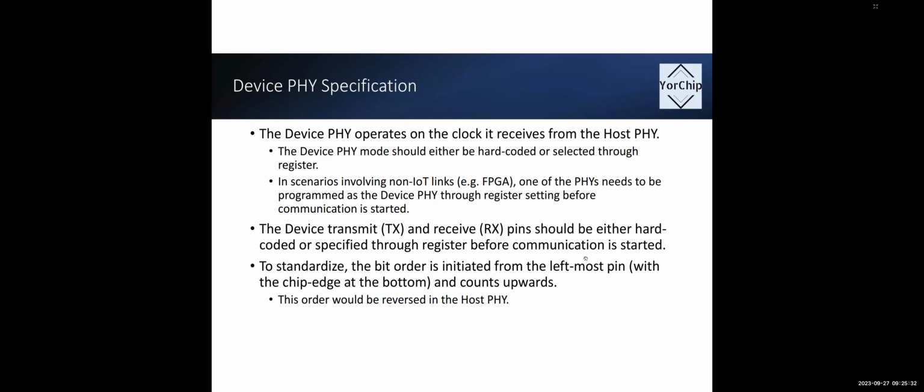Moral of the story, the device side will be relatively hard-coded when this link starts coming up. And we basically want to standardize the bit order, so I propose we start from the leftmost pin when the chip edge is facing the bottom and count upwards for the bit order. Nothing important, but just adding to the specs.